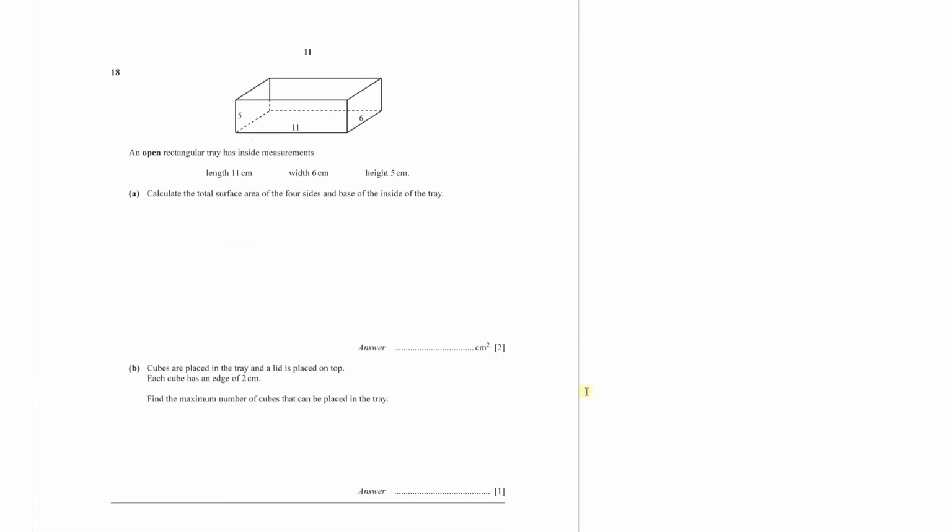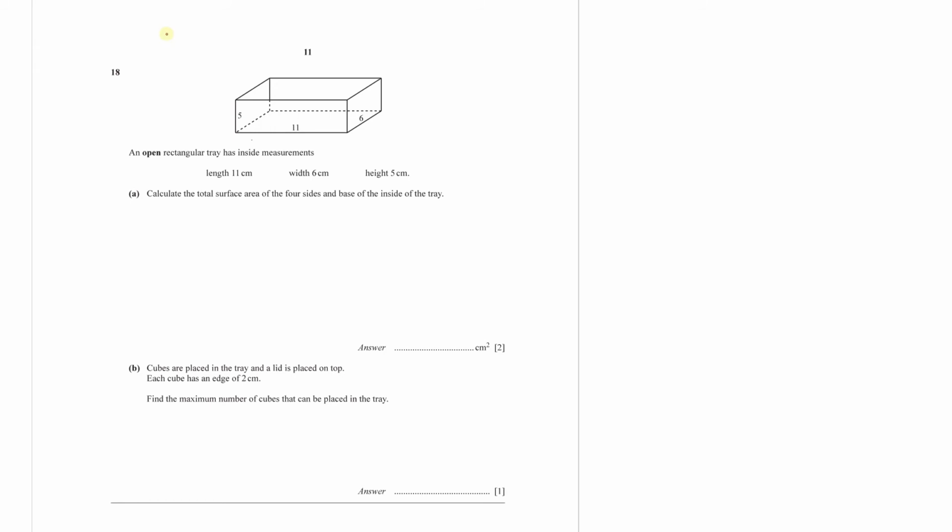So question number 18 is: an open rectangular tray has inside measurements. Length is 11, width is 6, and height is 5 centimeters. Calculate the total surface area of the four sides and base of the inside of the tray. So your surface area will include the left and right side, the front and the back side, and the bottom only. Since it's an open top, you won't include the area of the top of this tray.